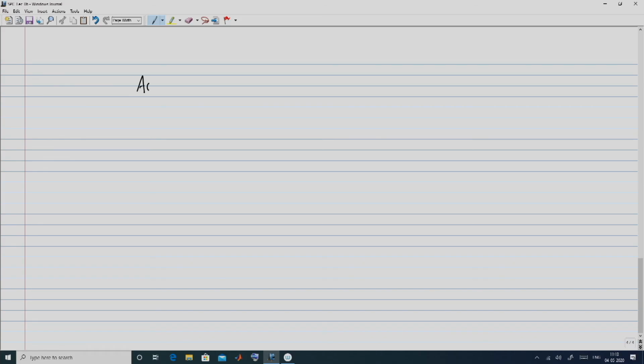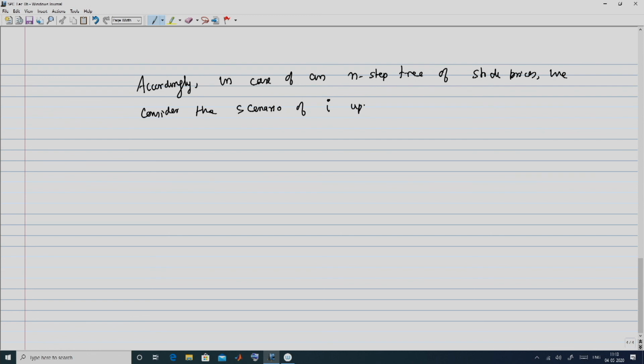So, accordingly, in case of an n step tree of stock prices, we consider the scenario of I upward movements, that is I number of 1 plus u, and n minus I downward movements.